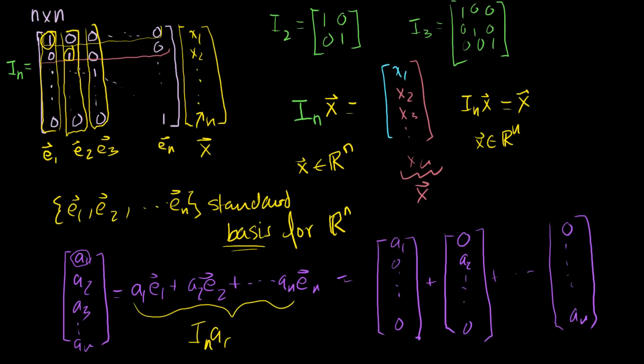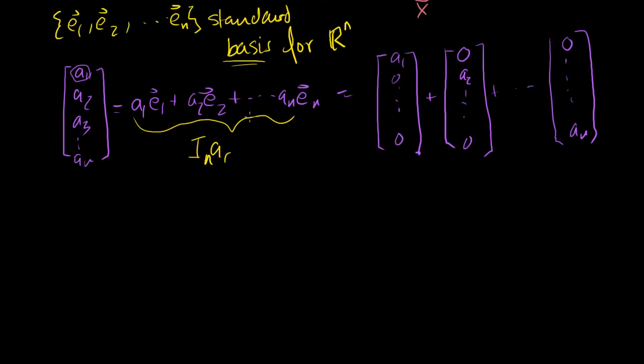Now, let's apply what we already know about linear transformations to what we've just learned about the identity matrix. I just told you that I can represent any vector like this. Let me rewrite it in terms of x. I can write any vector x as a linear combination of the standard basis, which are really just the columns of the identity matrix.